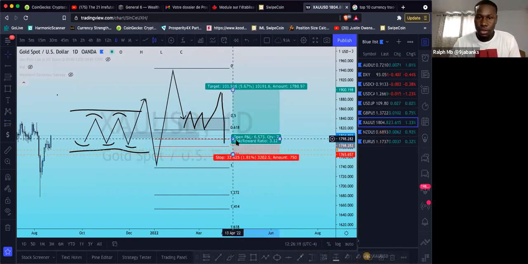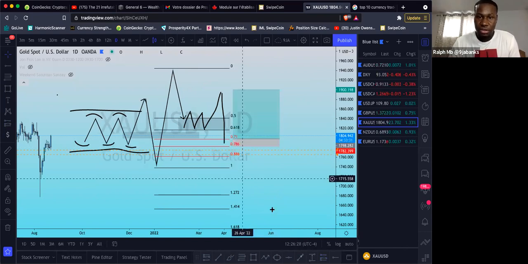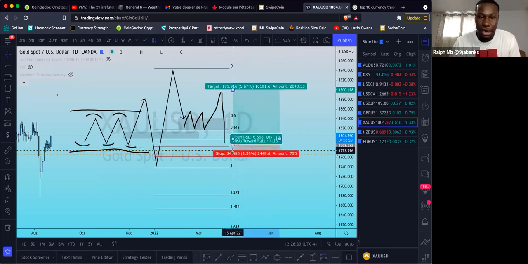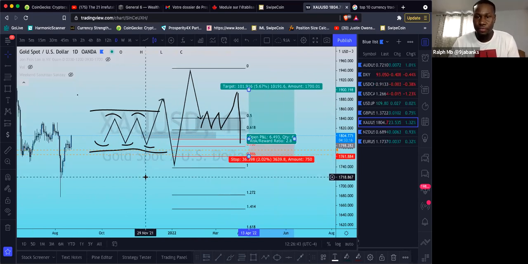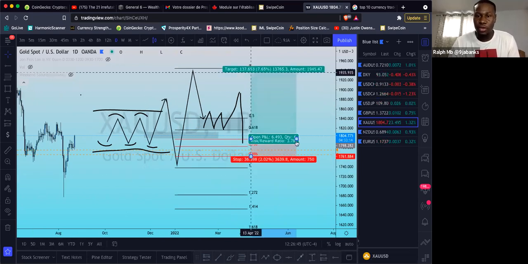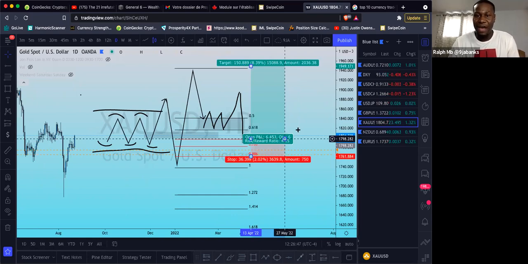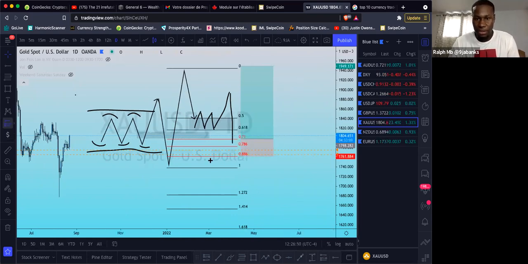Generally, depending on what the candle shows, my stop loss is gonna be either the 78.6, or sometimes I may push it a little lower, or even drag it to the 88.6, all depending on the pip count and the value of the pip count. Don't pay too much attention to the value of the pip count right now. But you want to make sure that your risk reward is 3 to 1 and above, and 5 to 1. I'm gonna pull this up again.